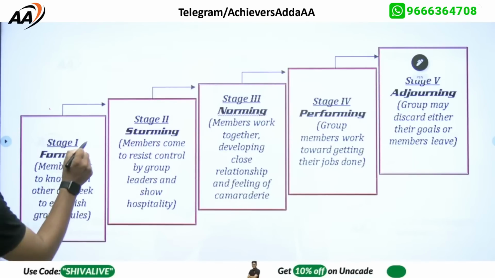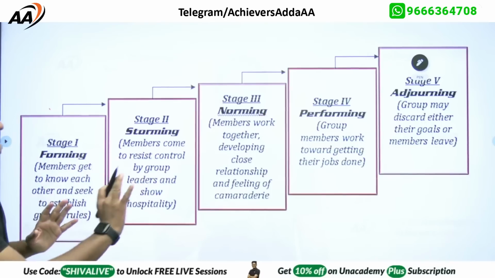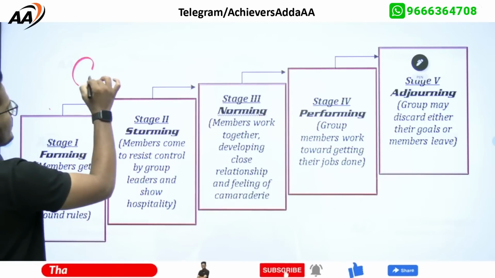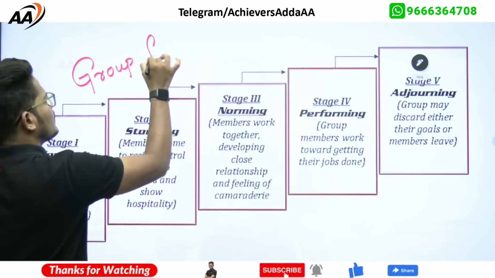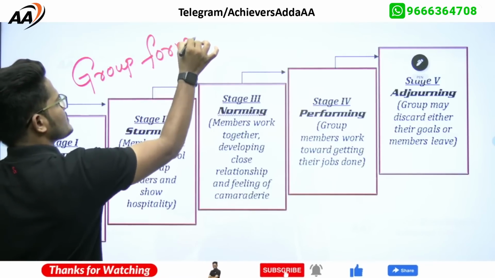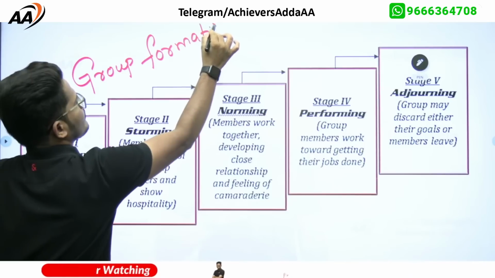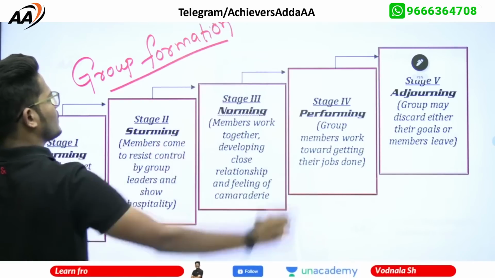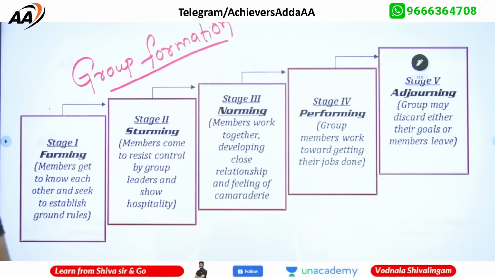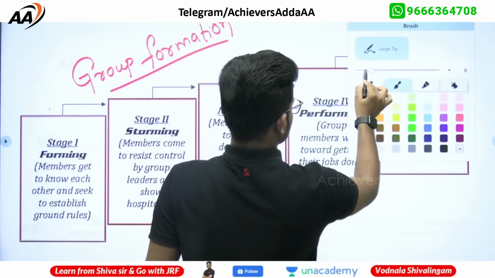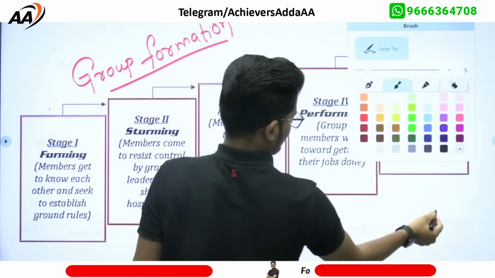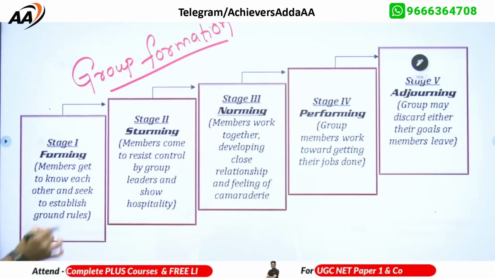Chalo. There are 5 stages of group formation. This is related to business management. What are the 5 stages?